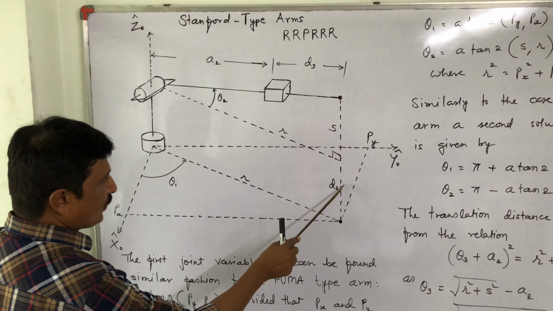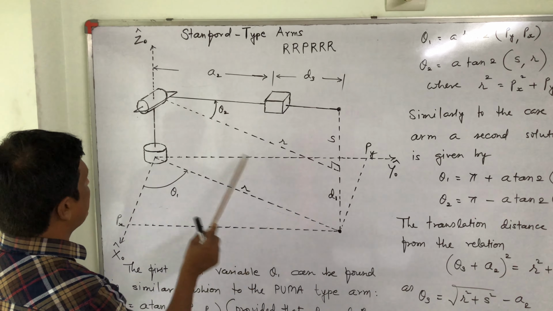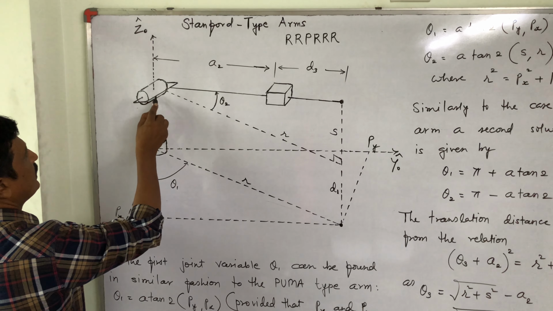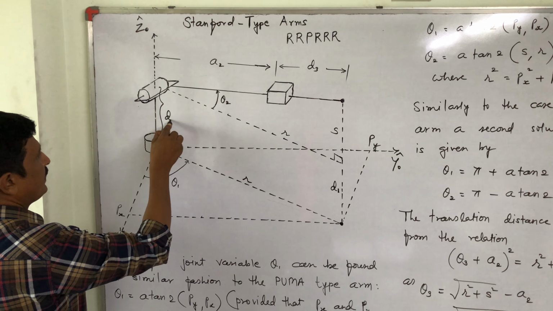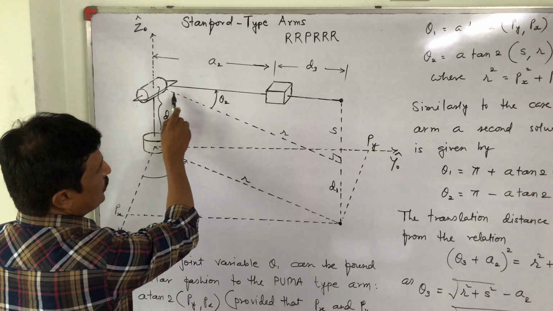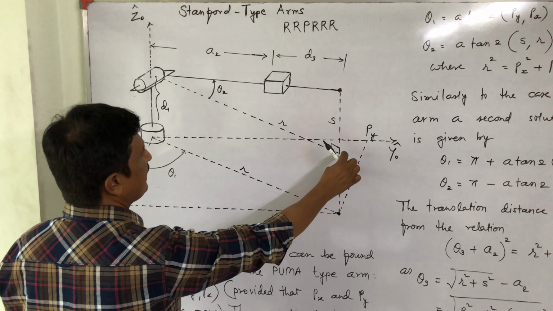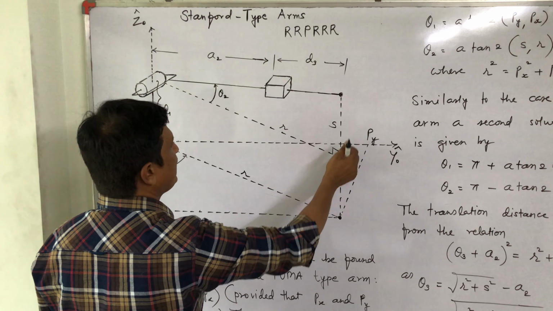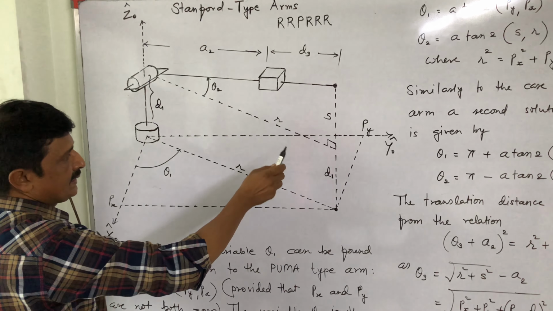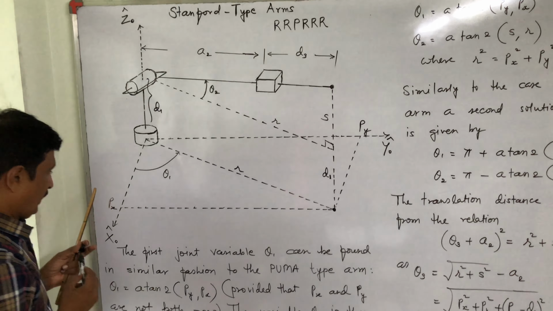Suppose this one is D1. So parallel to this XY plane, this point is at a height of D1, and then further advancement in a vertical direction, say S. So this one is 90.